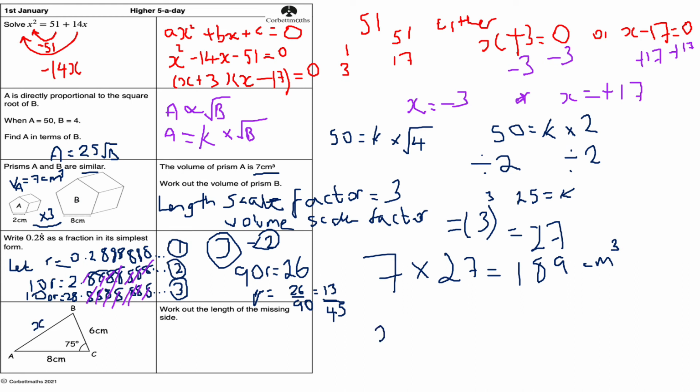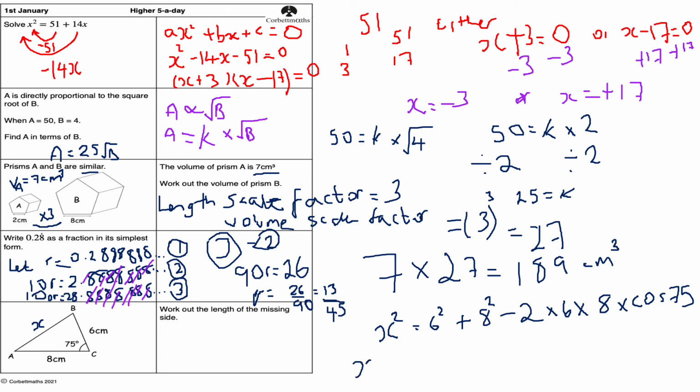So x squared is equal to 6 squared plus 8 squared, subtract 2 times 6 times 8 times cos of 75. And we want to work out the value for x.